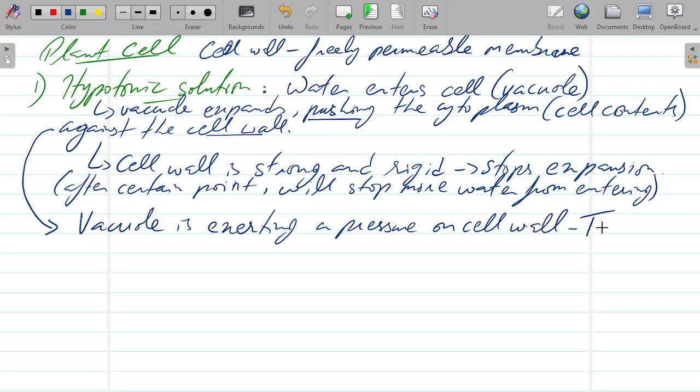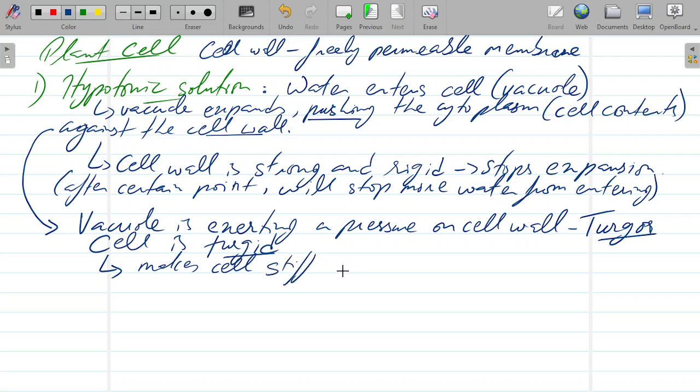And that pressure is called turgor. And in this case, the cell is turgid, right? How this helps? It helps because it makes the cell stiff, which helps keep the plant up straight.